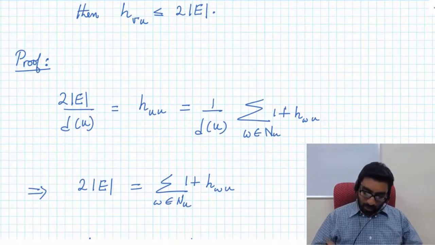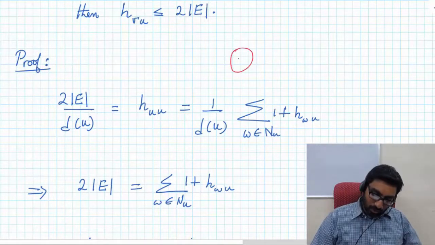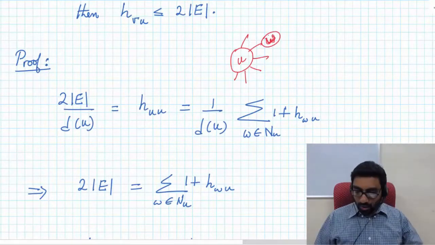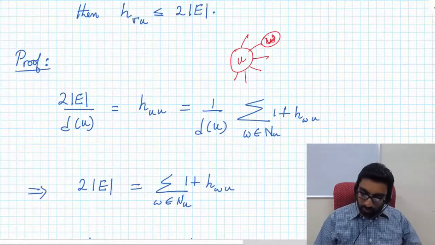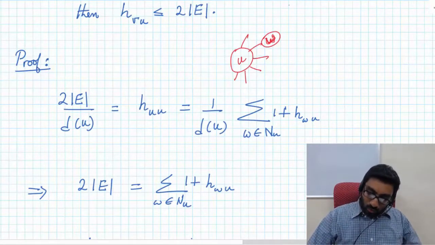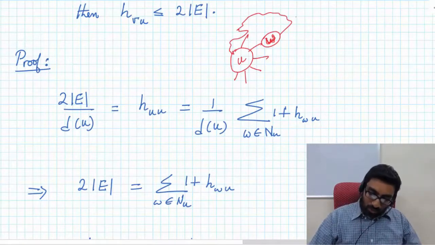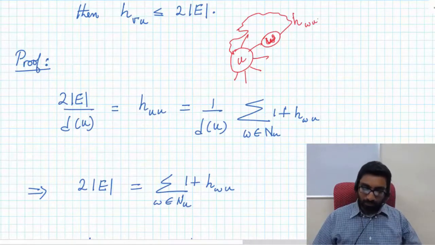From u, with probability 1 over d_u, we will go to a neighbor w. And from that w, we will eventually make our way back to u, and that's H_wu.